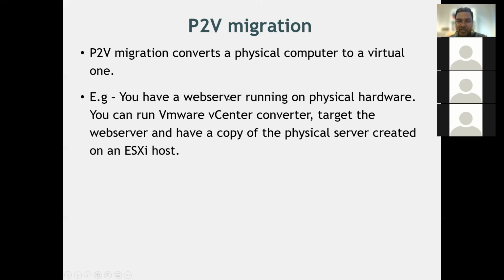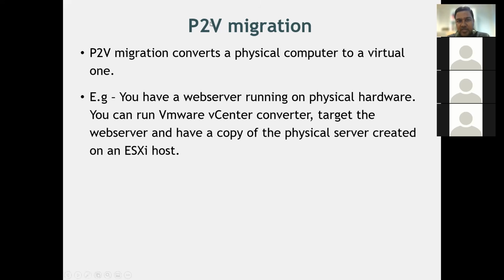For example, we have a web server running on physical hardware, and we can run the VMware vCenter Converter, target the web server, and have a copy of the physical server created on the ESXi host. This ESXi host is created on the cloud, and we can use the vCenter Converter to migrate the web server from a physical computer, which is not virtualized, to a virtual server on an ESXi host.